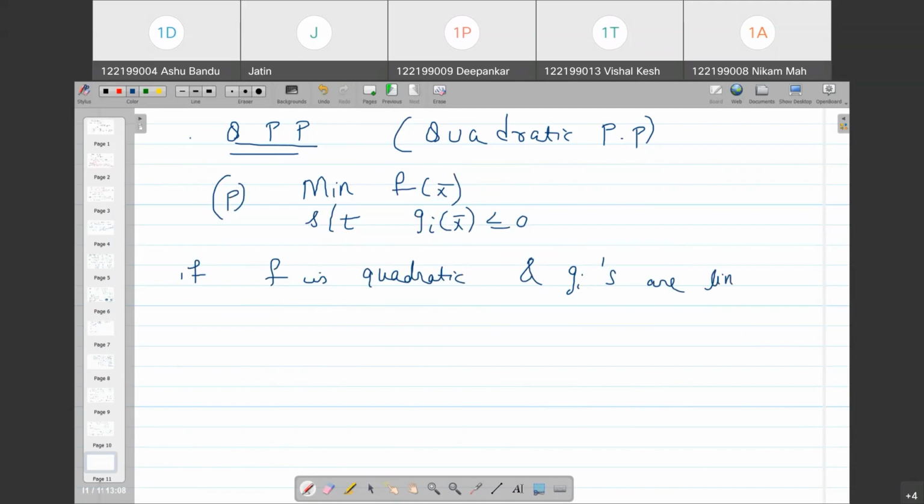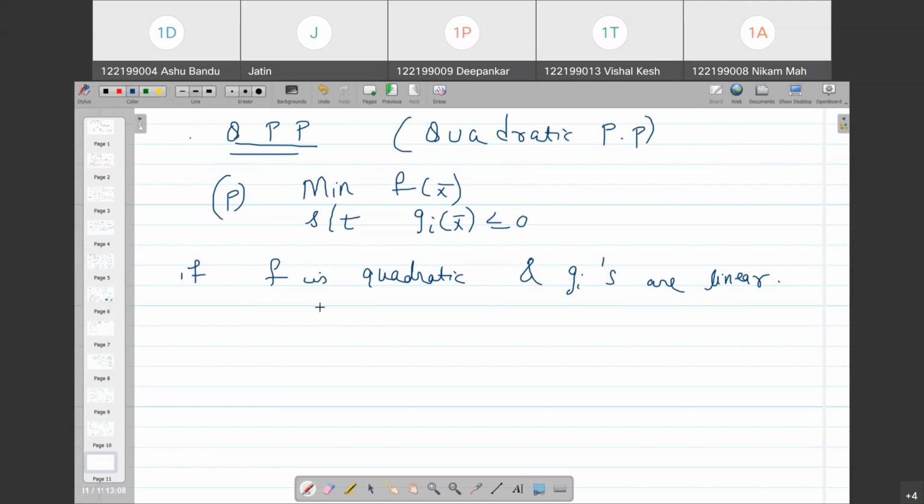Obviously it's an NLP because f is not linear, but f is quadratic and your gi's are linear. Then we call such a problem a QPP.